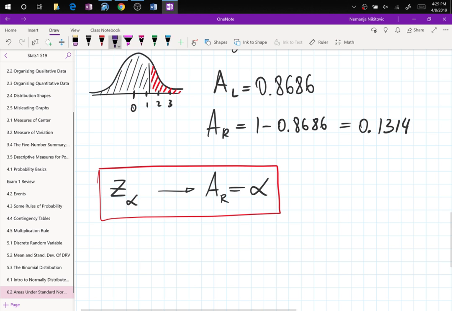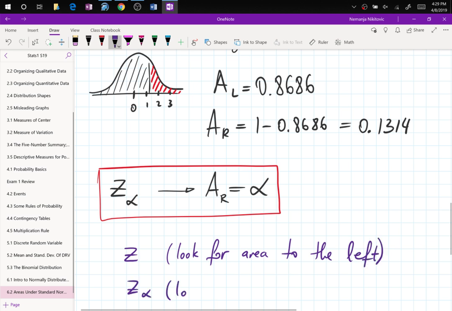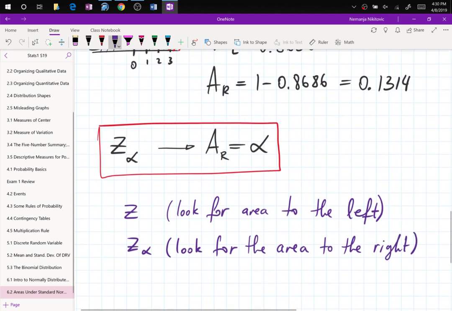So z, look for area to the left. Z alpha, look for the area to the right. And that takes care of that.